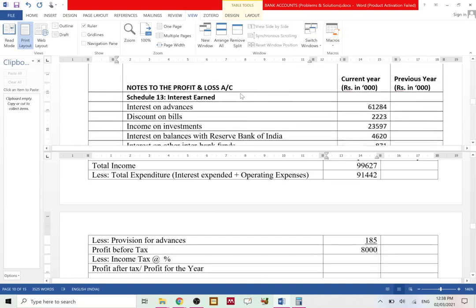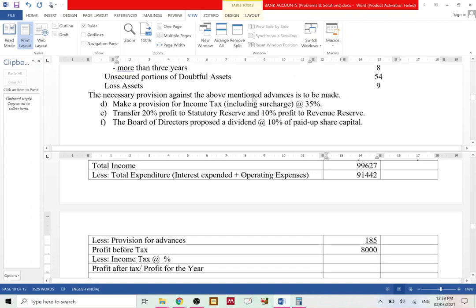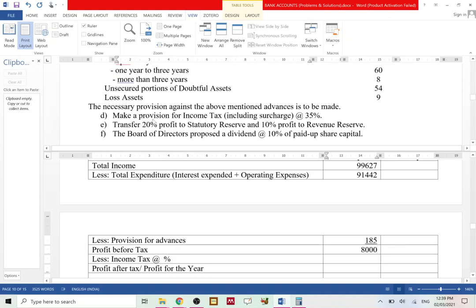Let's see what the problem says about the income tax provision, how much tax we are supposed to pay during the year. Make a provision for income tax including the surcharge at 35%. So income tax provision at 35% gives us 35% of 8,000 gives us 2,800.